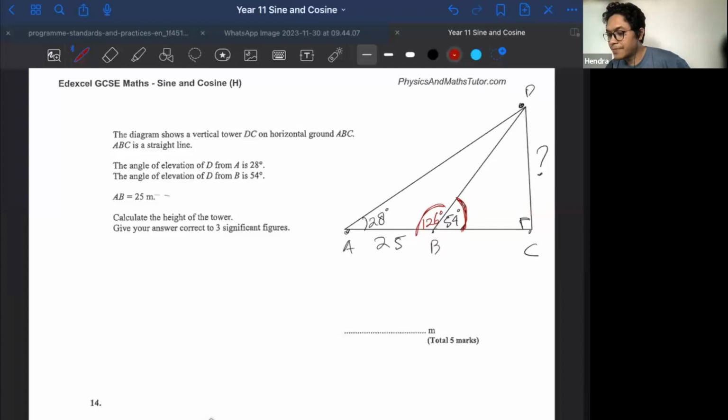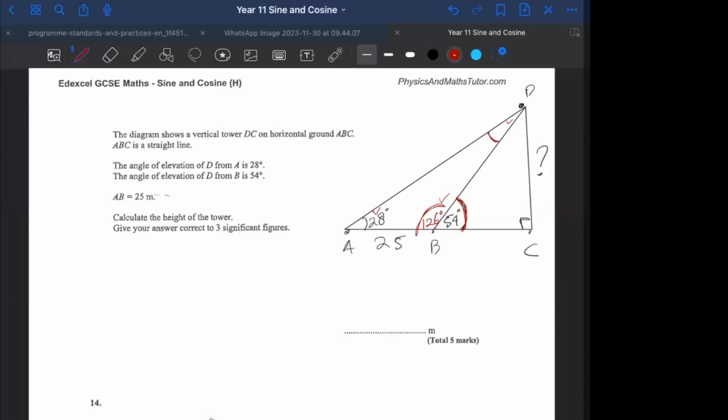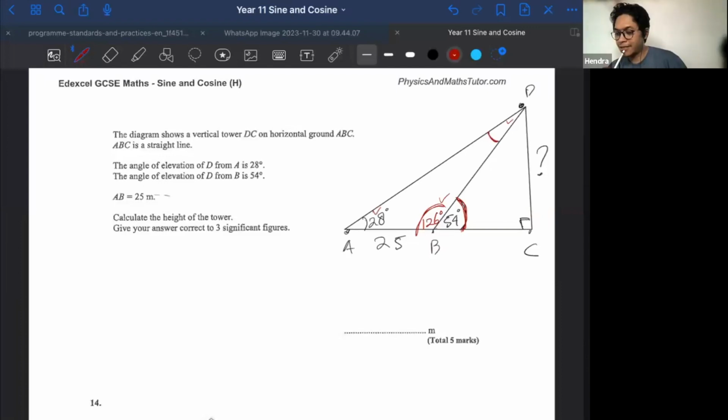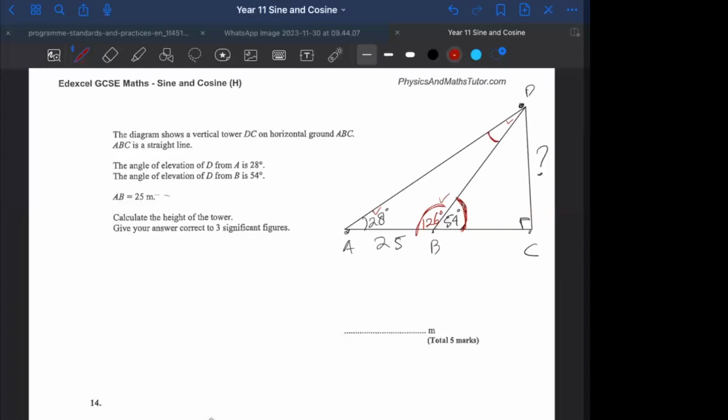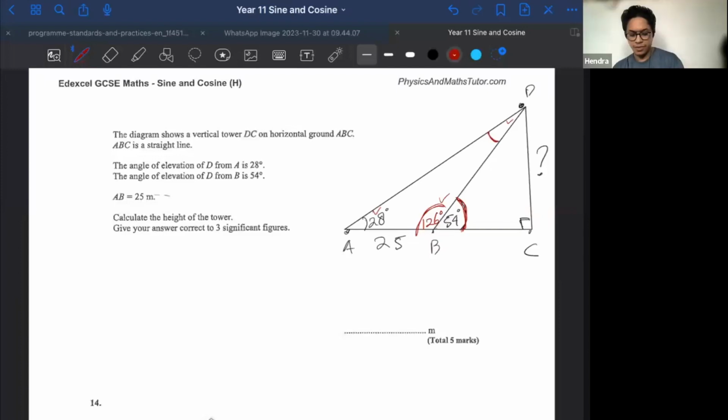So if we know this angle and this angle, then we know this angle. 180 minus 28 minus 126 is 26.